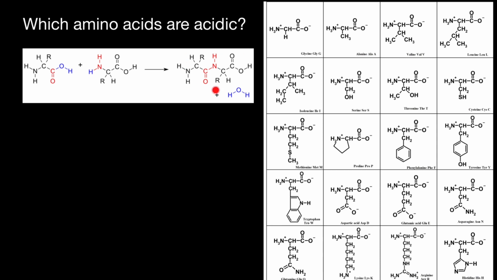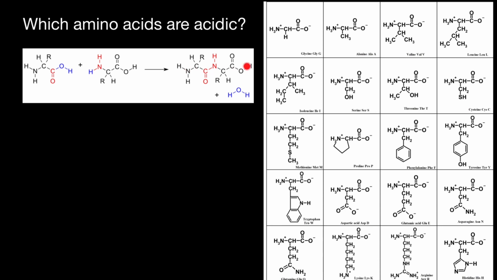Still, amino acids would make a peptide bond, and this is a condensation reaction. So one molecule of water is going to be lost during this reaction. A polypeptide can be a very long molecule, up to 1000 residues and more.